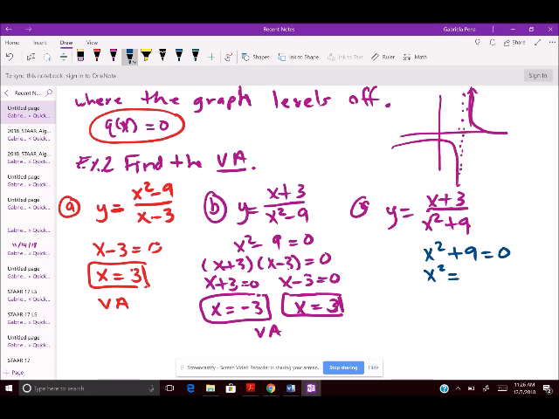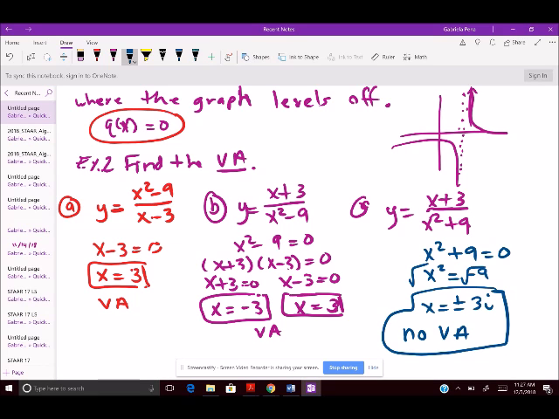We can't factor it, so we subtract the 9, take the square root, and find out x is plus or minus 3i because of the imaginary number. So is there an actual value right there? No. So this one has no vertical asymptote. If you end up with an i, it is not a vertical asymptote because it's not a number or a fraction, it's an imaginary number. Imaginary numbers aren't real numbers. Are we good?